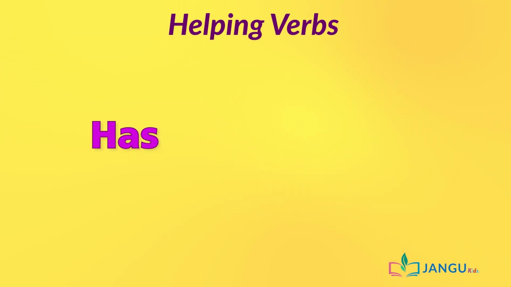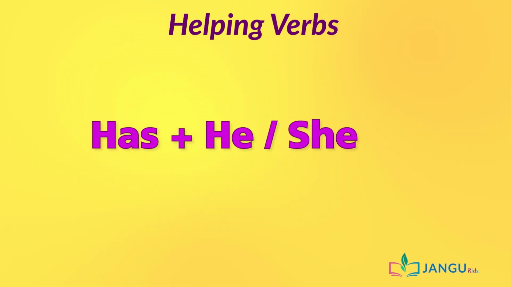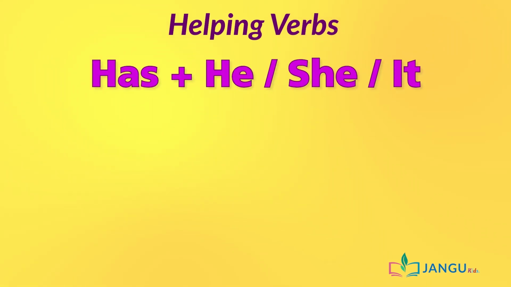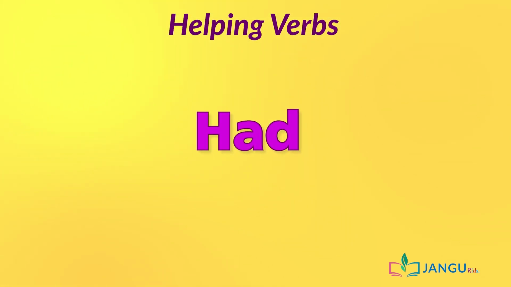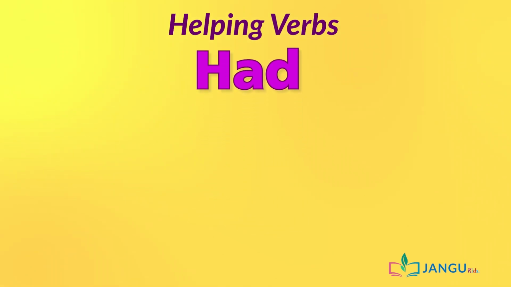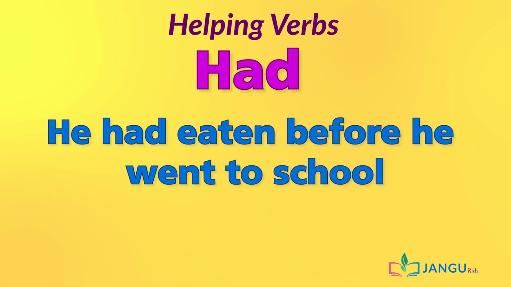Has is just like have, but it is used for the third person singular pronouns he, she, and it. For example, he has eaten. While had is the past tense of have for all pronouns. For example, he had eaten before he went to school.